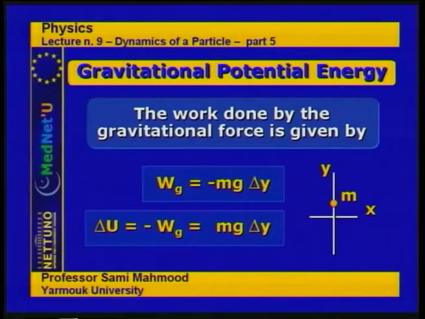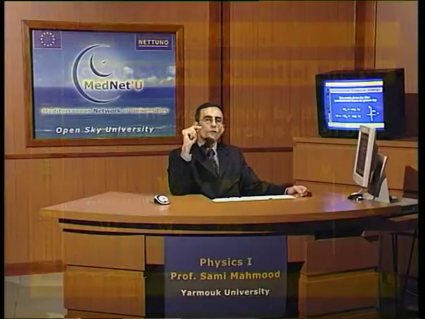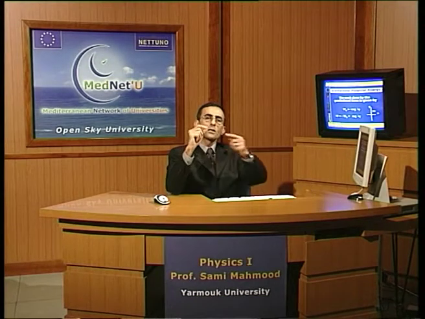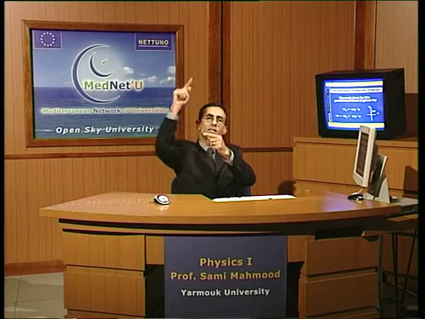Thus, the work done by gravity is simply minus mg, which is the weight, the force of gravity, times delta y, the vertical displacement of the object. That's the work done by gravity. Let's check this statement. Suppose that delta y is positive. That means the object moves from an initial point to a point that's higher than it.